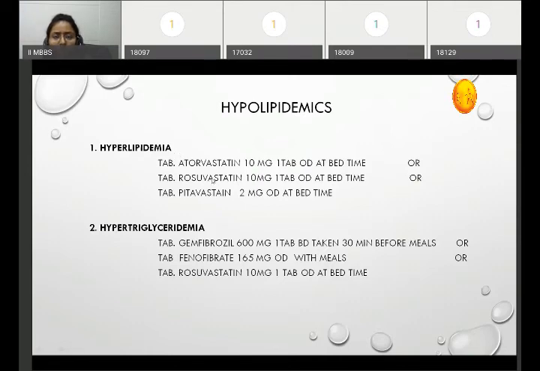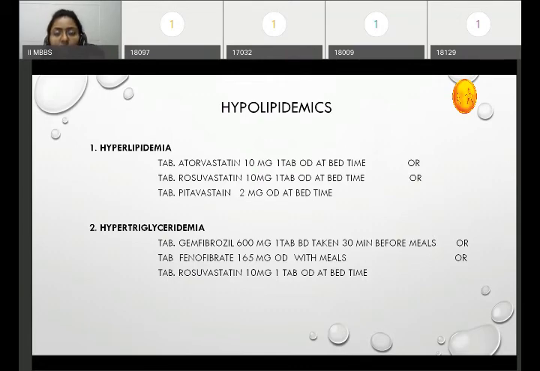So here there are different hypolipidemic drugs which act by various mechanisms. Firstly preferred are HMG-CoA reductase inhibitors. What is this HMG-CoA reductase enzyme? This enzyme is required for cholesterol synthesis. Hence, if we target this enzyme, cholesterol synthesis decreases. And yes, it is a rate limiting step in cholesterol synthesis. So targeting this enzyme gives maximum benefit.